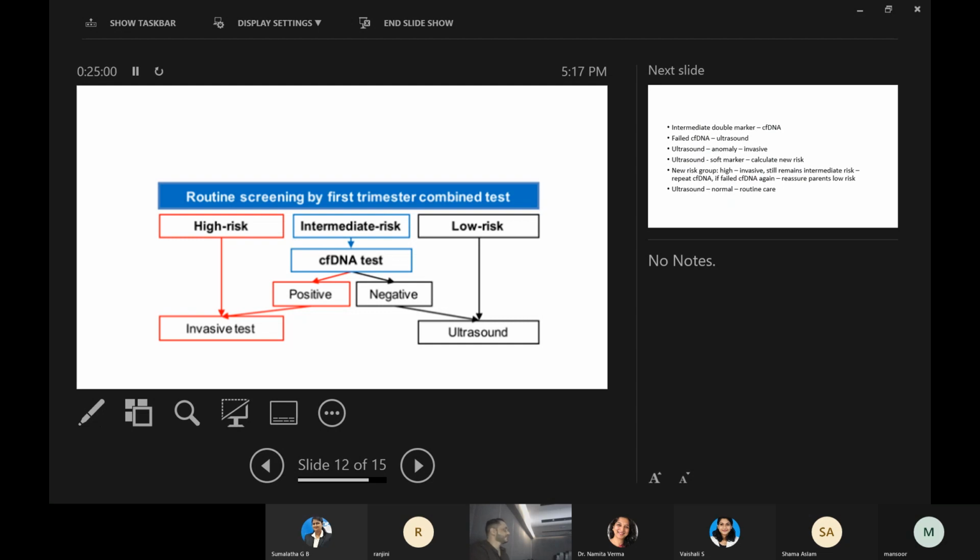That means the baby is abnormal. As I told you, all the markers which we are taking are just like symptoms of a disease. We are trying to make out whether the baby is normal or not normal. But once in ultrasound you have seen an anomaly, that means the baby is definitely abnormal. So no need for making all these calculations. Directly we have to go for invasive testing, which is a diagnostic test.